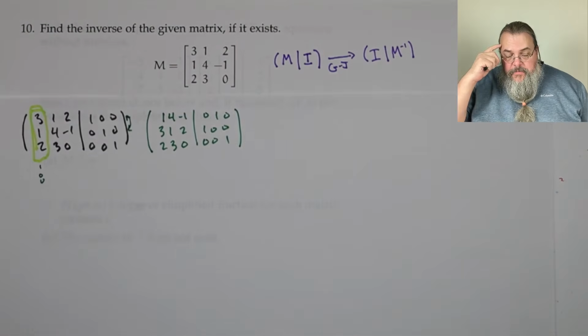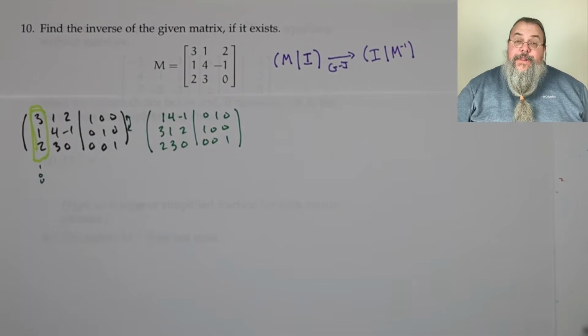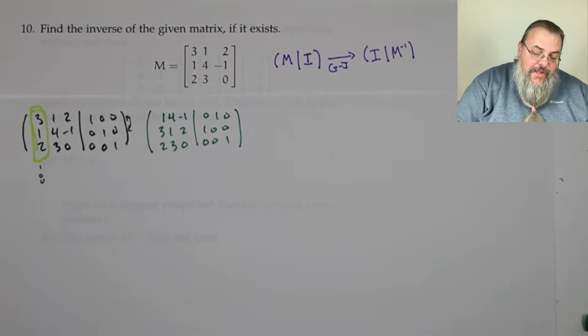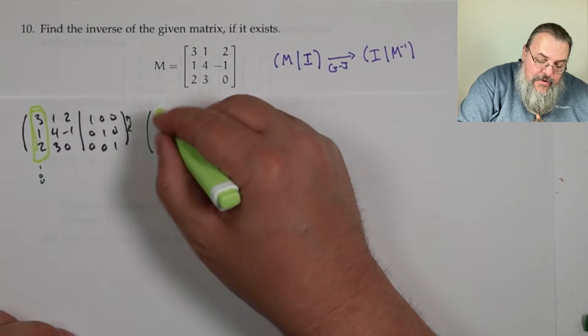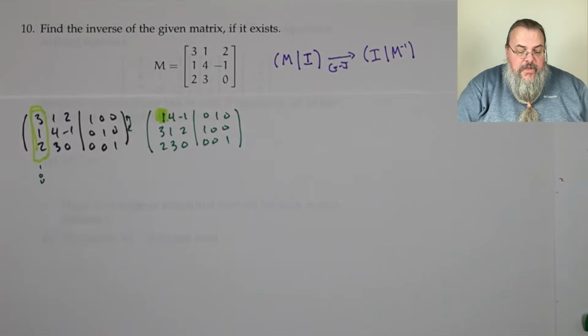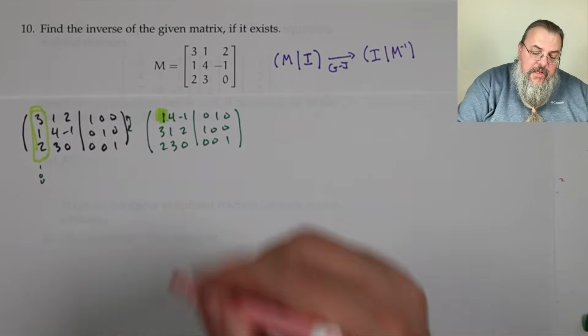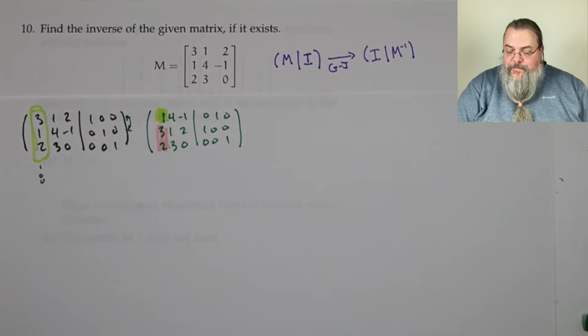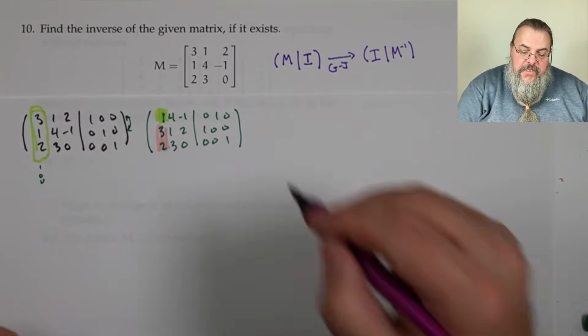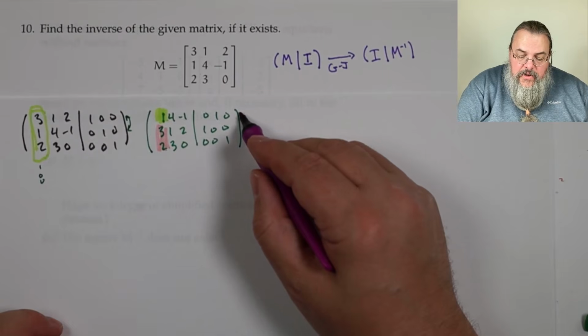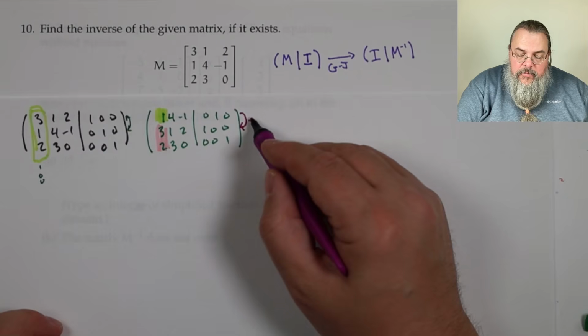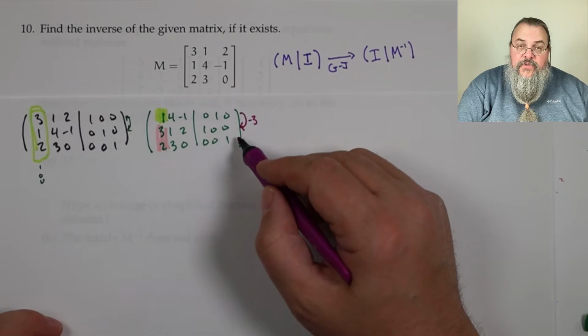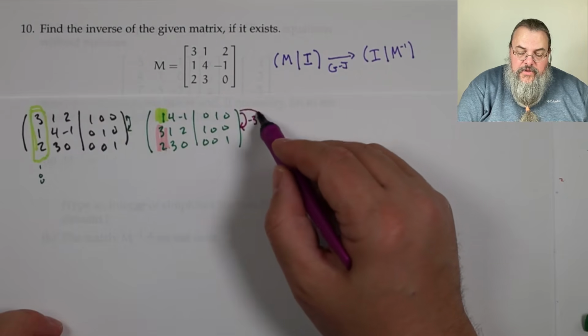All right. So I did a quick swap. Now I have a 1 in the right place. That makes me happy. This is good progress. What do we need to do next? Well, we need to make these terms zeros. Okay, so that's our next goal. So let's do it. So I'm going to write here on the side minus 3 to indicate minus 3 row 1. Add that to row 2.